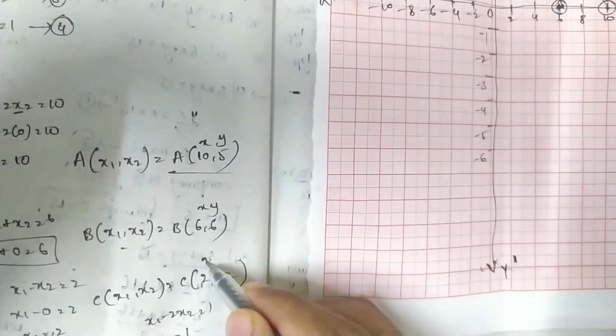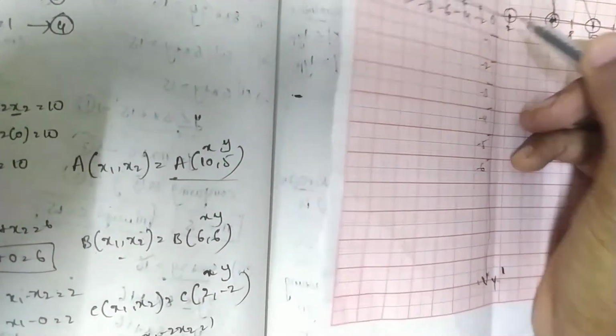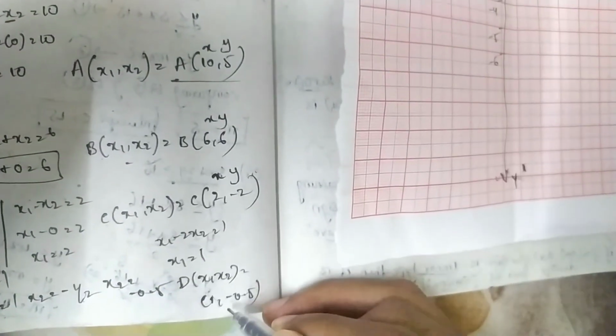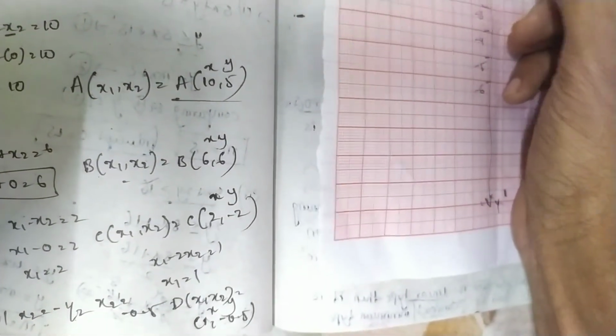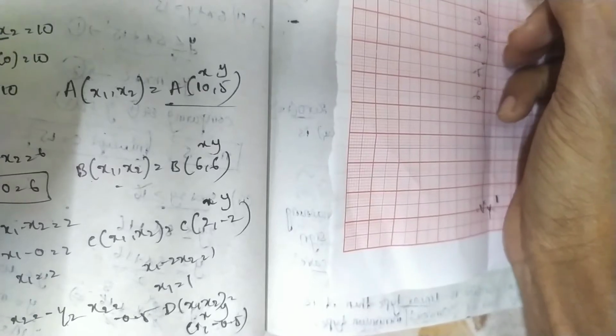Here C of 2, -2, that is x is 2 and y is -2, we intersect these 2 points. And here D of 1, -0.5: x is 1 and y is -0.5, is here.